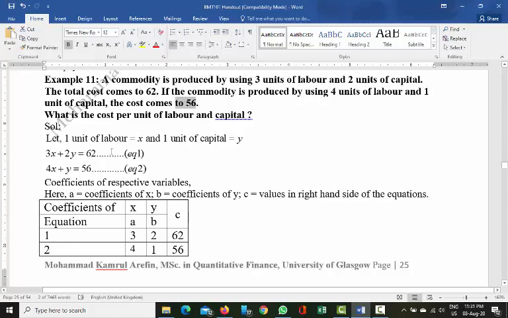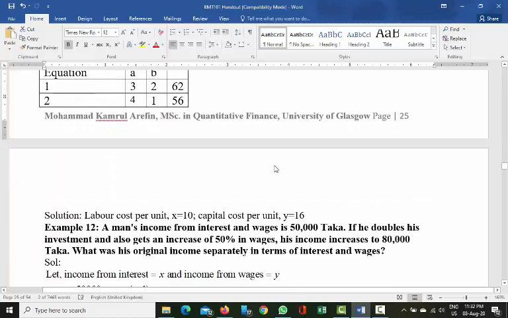Now if you solve it using a calculator, you will see that the value of x is 10. That means labor cost per unit is x, which is 10, and y is 16. That means capital cost per unit is 16.